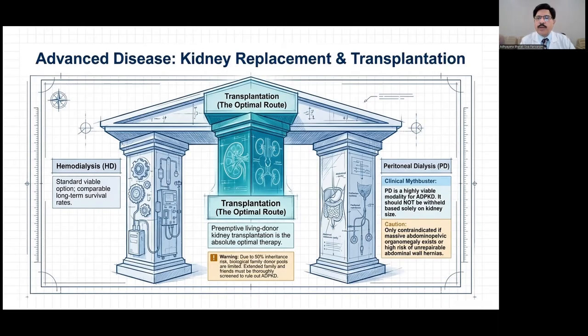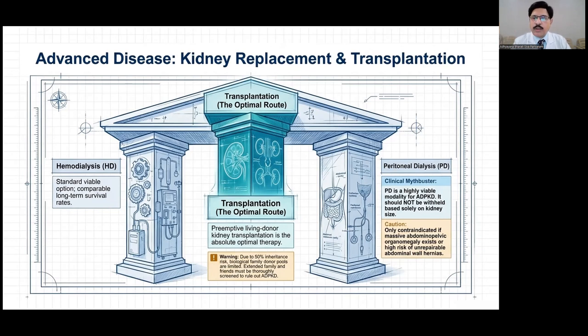PD is highly viable in ADPKD. It should not be withheld based solely on kidney size. Only if massive abdominopelvic organomegaly or an unrepairable abdominal wall hernia is there, don't do peritoneal dialysis.